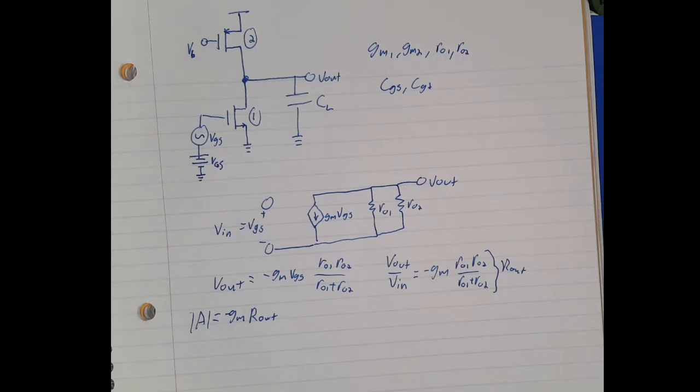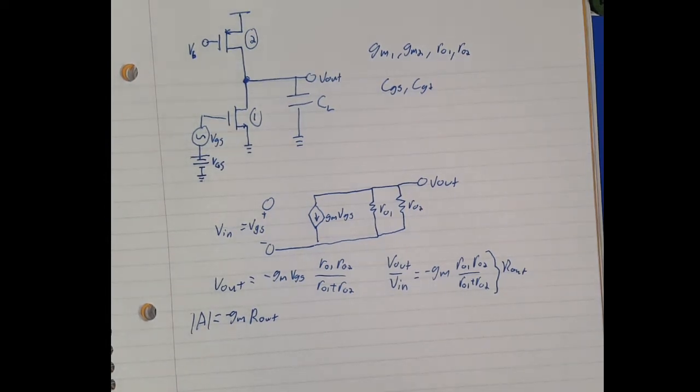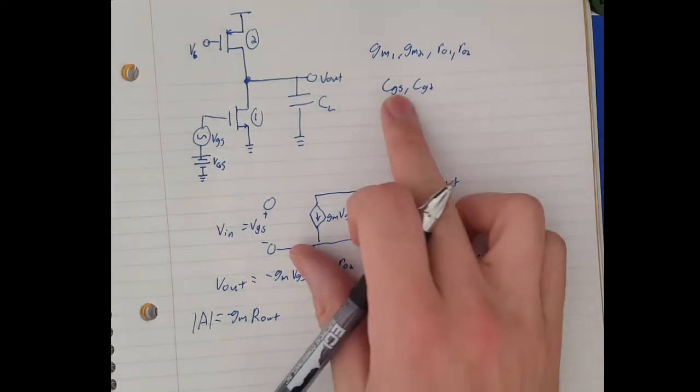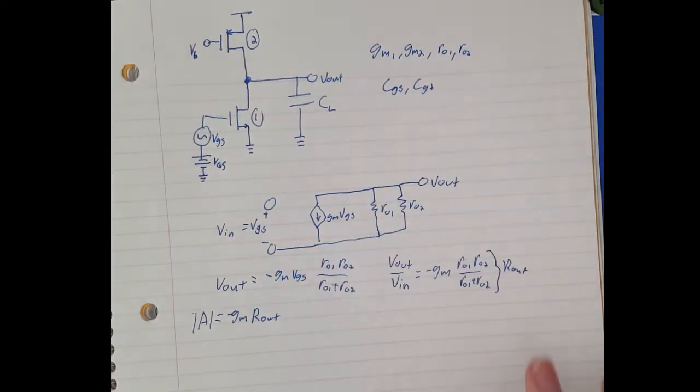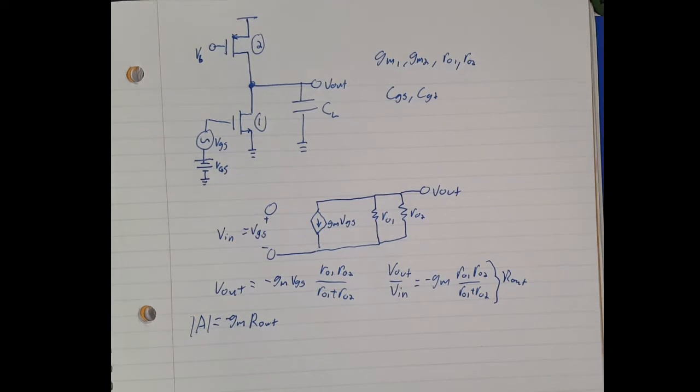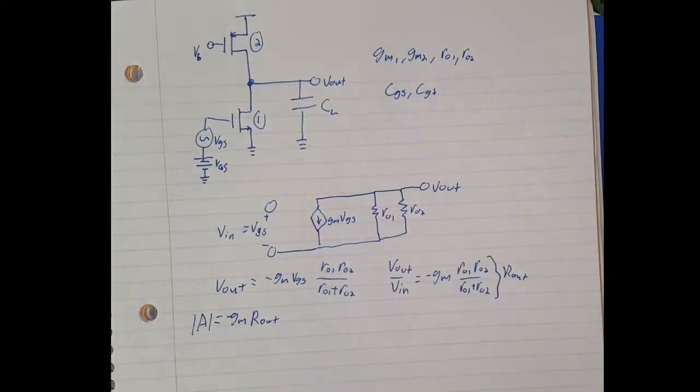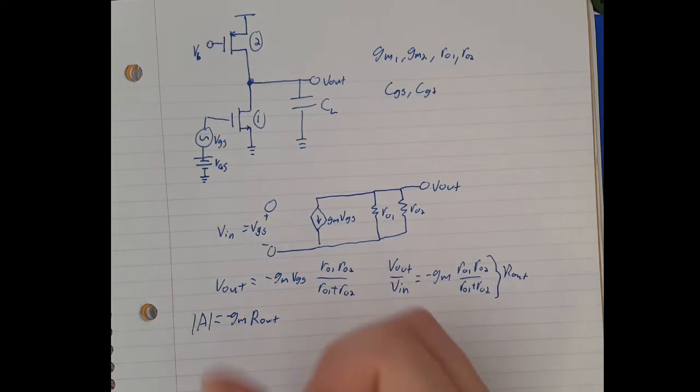So now that we have this, we need to do high frequency analysis. And at high frequency, we have to take into account CGS and CGD. Because of those high frequencies, the CGS and CGD are going to start having impedances. So we'll set up our circuit here.